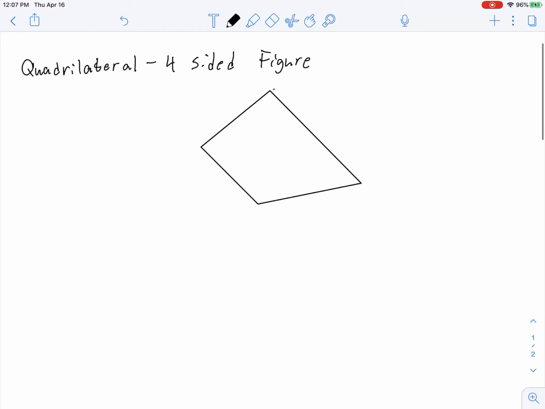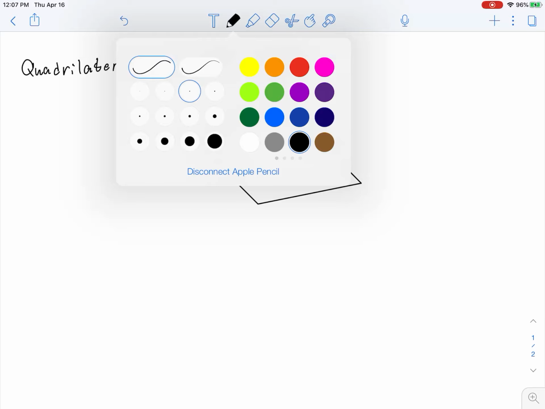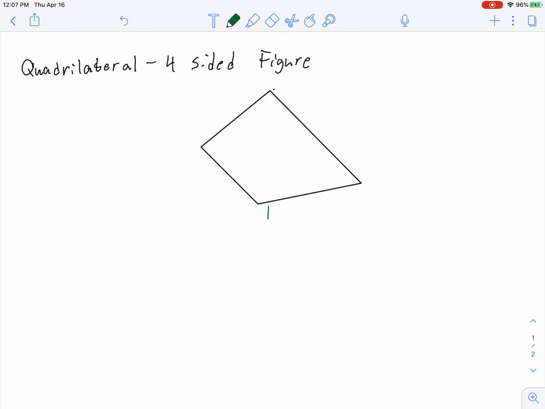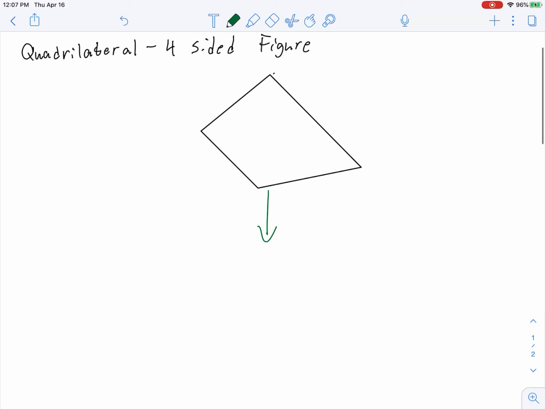Now, what if the quadrilateral had a baby? Okay, its next phase, or think of it as an evolution. It can go into this next figure called a parallelogram.